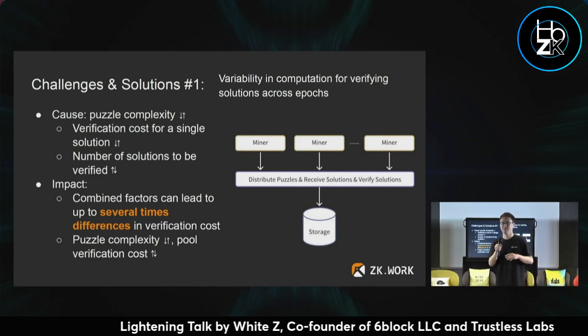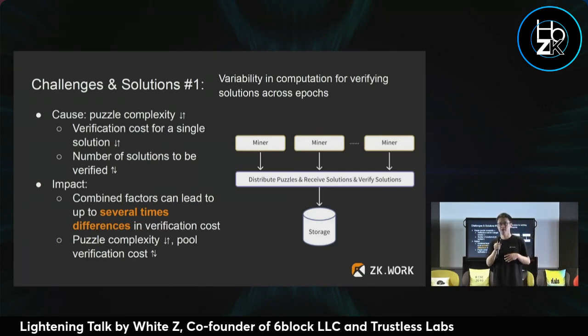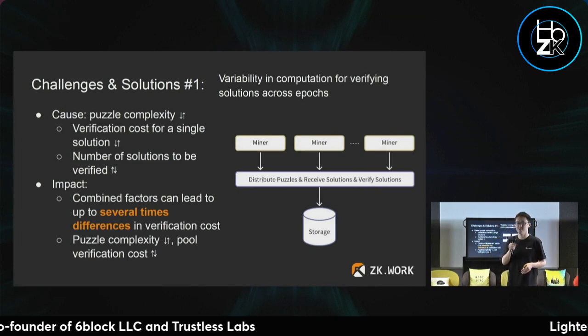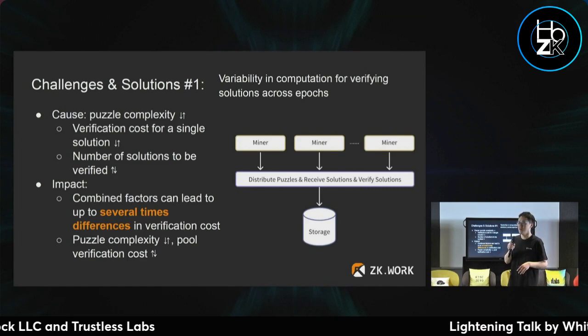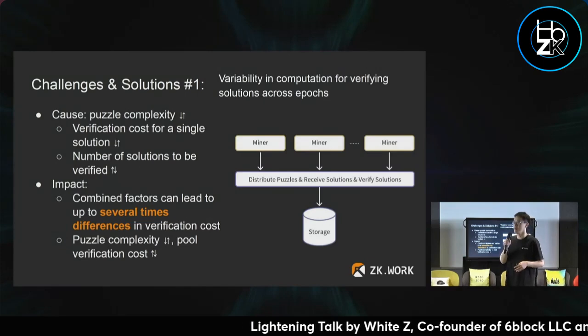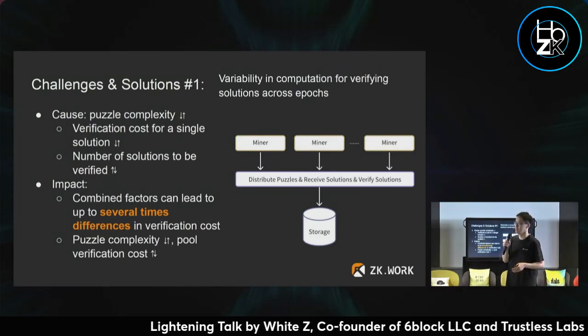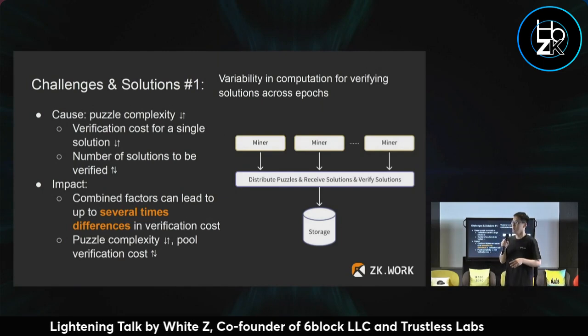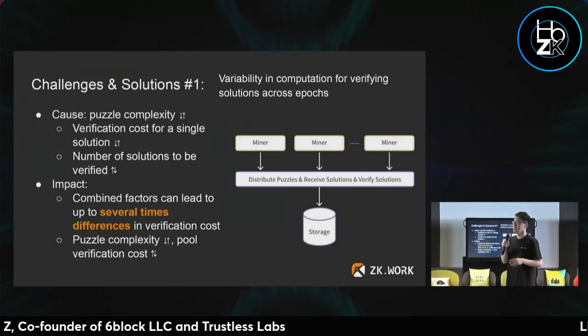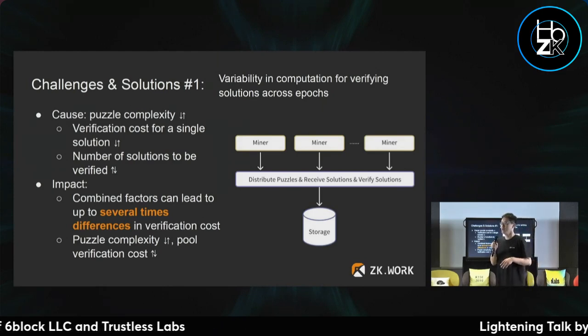So everything is changing, and the computing cost to verify all the solutions submitted by the miners changes up and down. To solve this problem, note that in a traditional mining pool architecture, all the miners just submit all the solutions to a single centralized module to verify all of them.